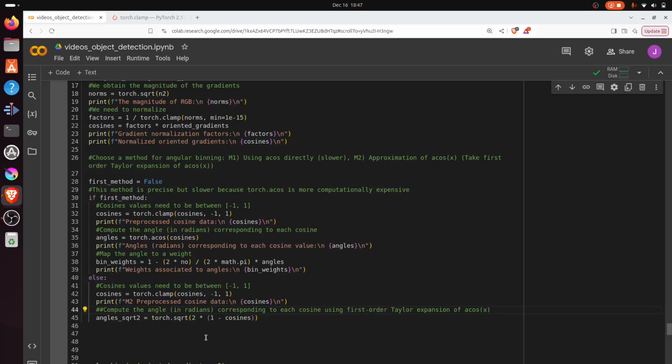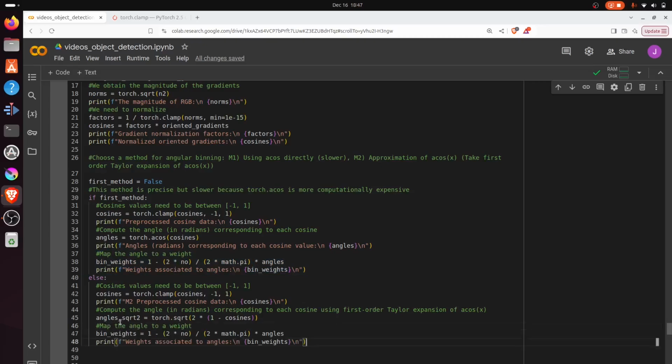And there we have it. Fantastic. So what is next? As we did above, we're going to map the angle to a weight, and the actual formula is essentially the same.